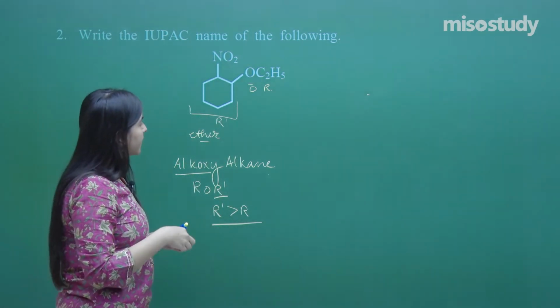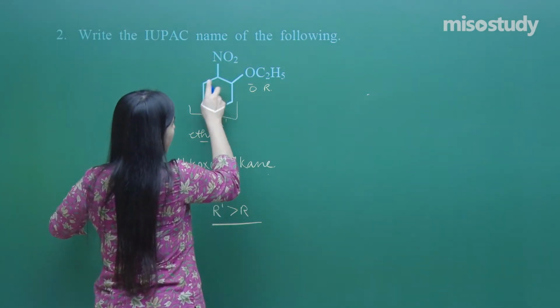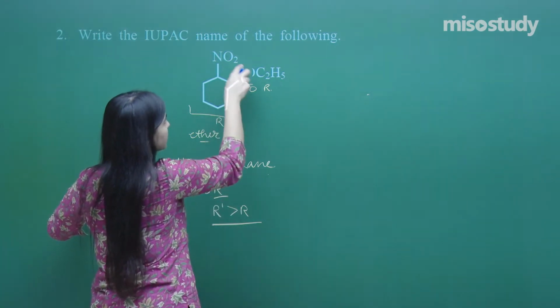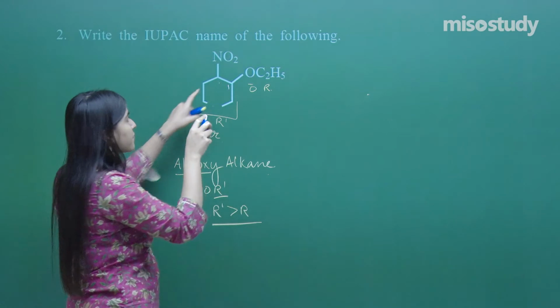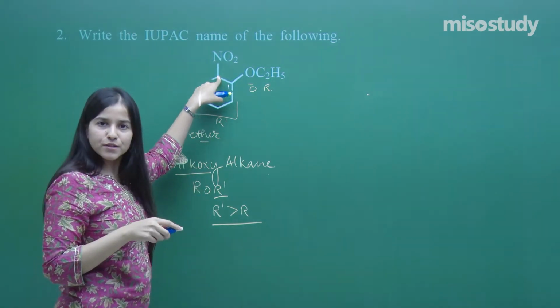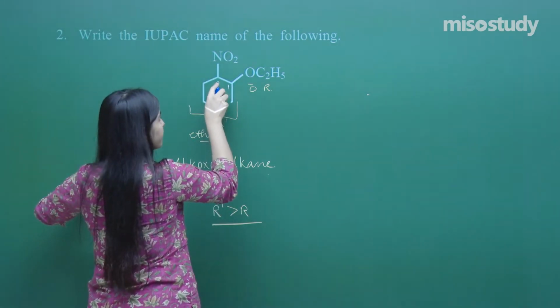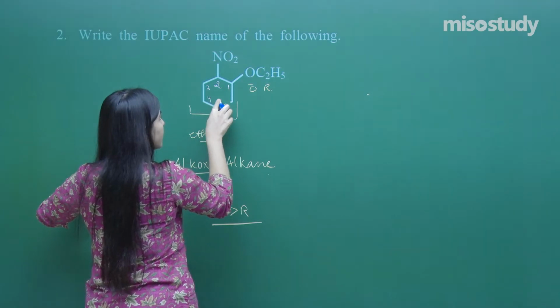So what will it be? I have to number it, onto which position it will be, so that I can number the rest of the substituents as well. Do not forget this, 3, 4, 5, 6.